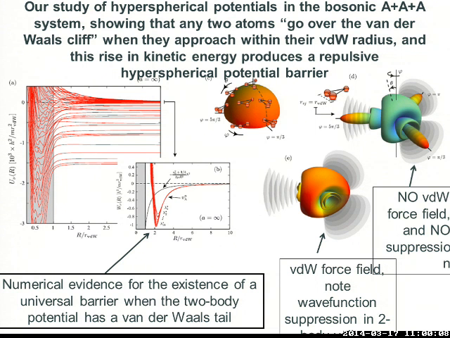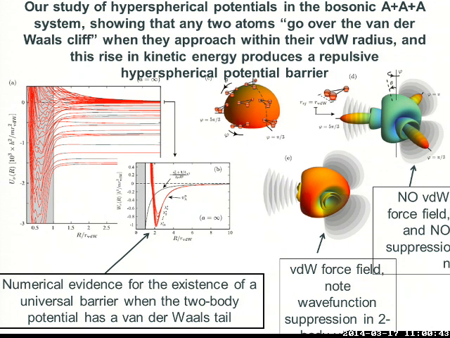Next, we tried to see what is special about the van der Waals potential, and Jose and Ja especially did lots of graphing of the wave functions to see what was different. They started looking at the hyperangular wave functions to see what is really going on. When you have the van der Waals force field, there is a suppression. These rays are like the two-body valleys, where two particles are trying to come close together.